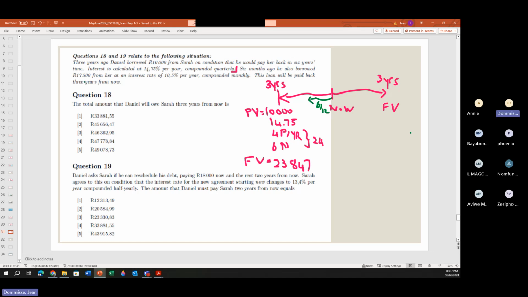He also borrowed 17,500. So he had a present value of 17,500 that he borrowed now against a new interest rate of 10.5%.